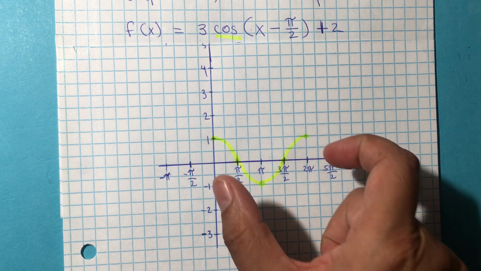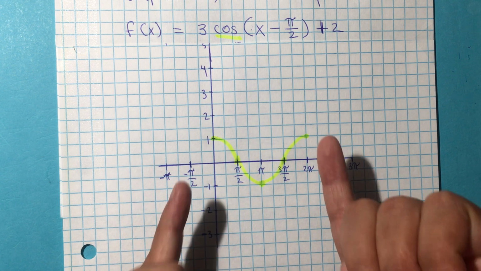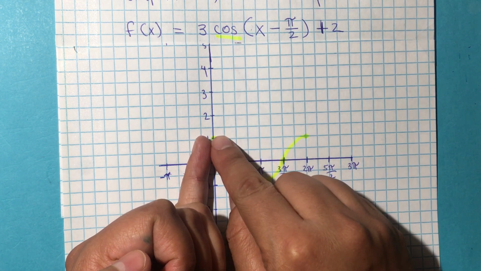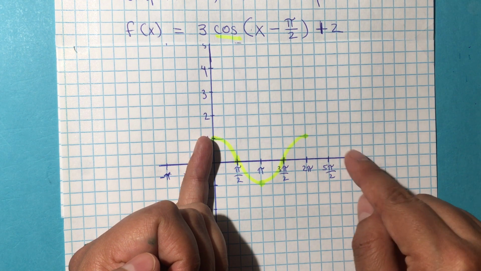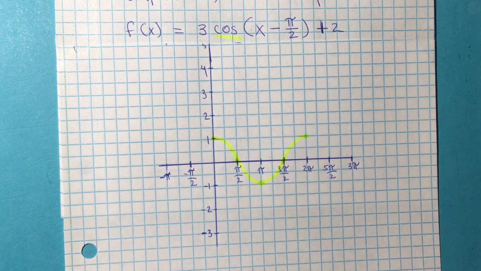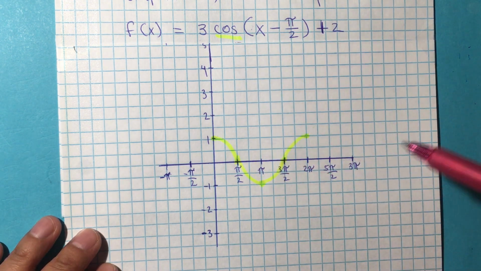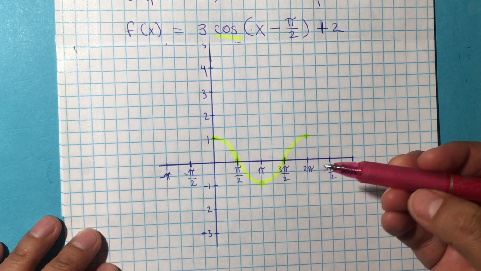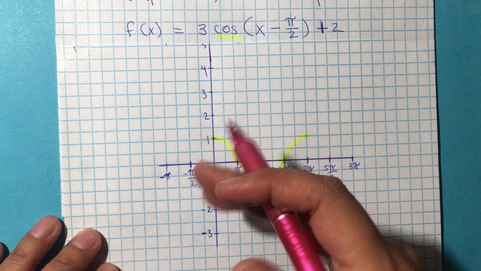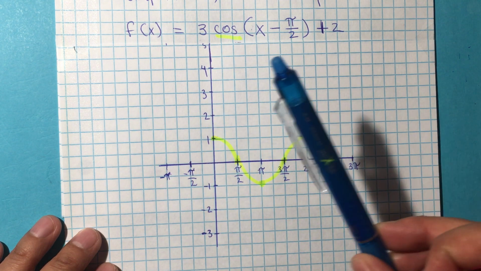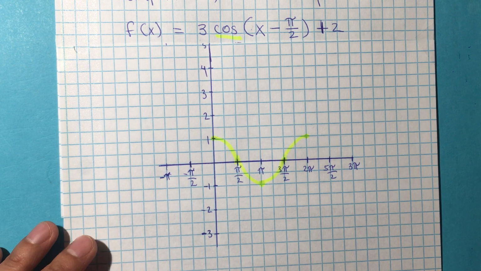And so one period means that after that it repeats again. You start over here and then go down and up, go down, and so it's a repetition. So in pink, I'm going to do the different ones and dot it for the different steps, or the different transformations, but then I'll do the final one in blue, and that's the one that counts.